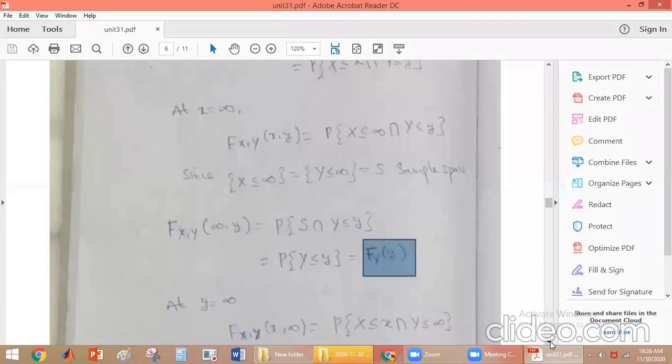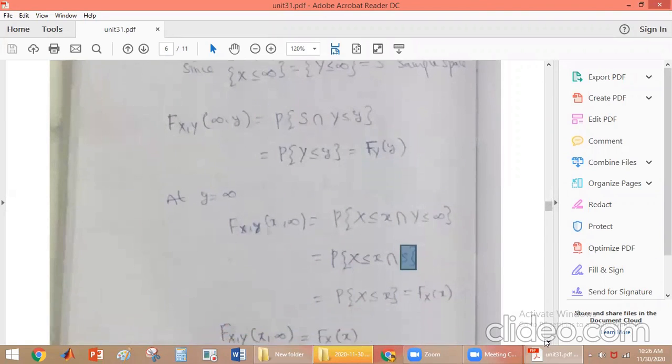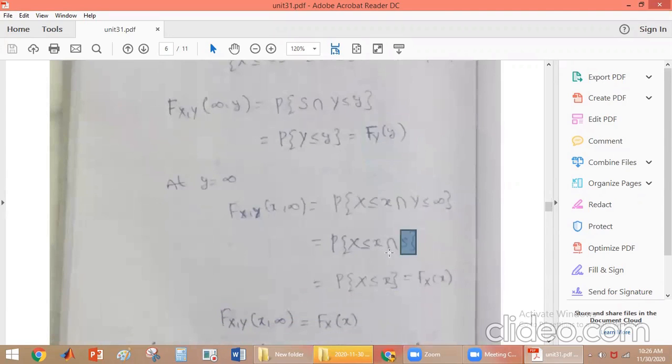Similarly, if y is equal to infinity, then what happens? Y less than or equal to infinity will be the sample space. Now x less than or equal to x intersection the sample space gives us x less than or equal to x only. You know that any event intersection with the sample space gives us the same event. So it gives us F_X of x.